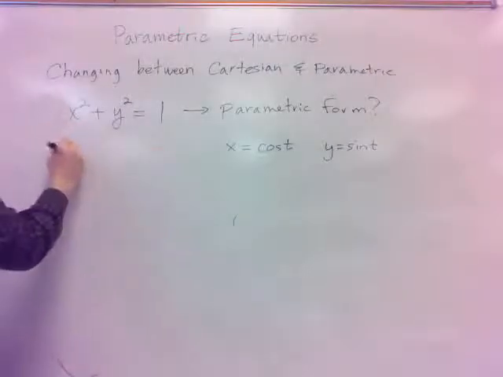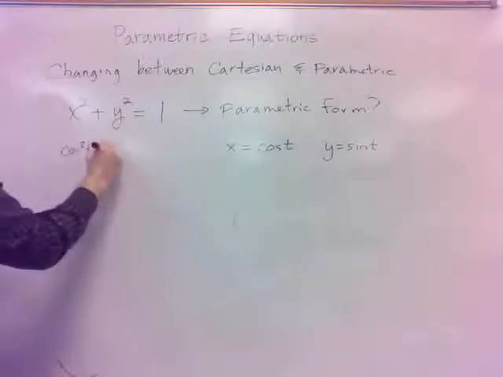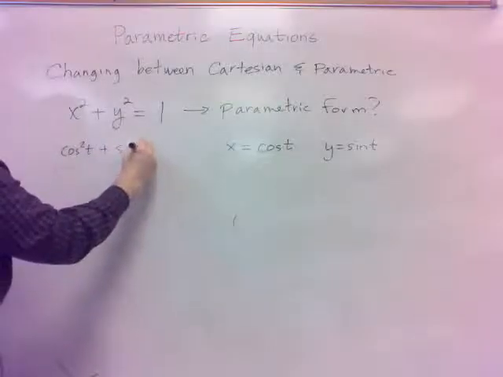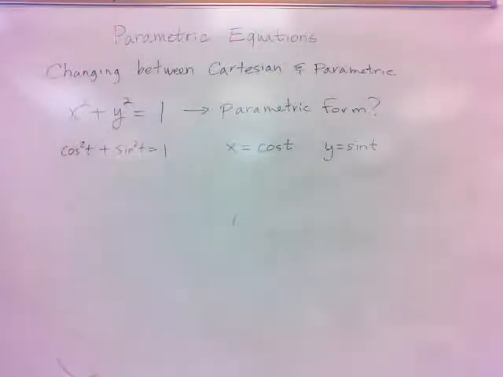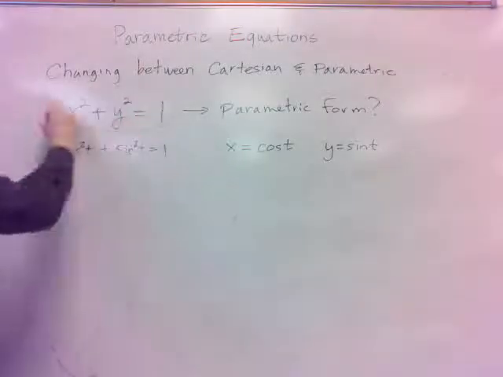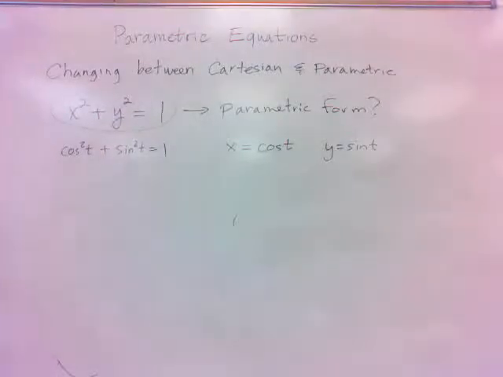Because what if I plug that in? That's cosine squared t plus sine squared t equals 1, which is a very popular theorem, or identity, I should say. Yeah, so that would be the circle radius 1, centered at 0, 0.